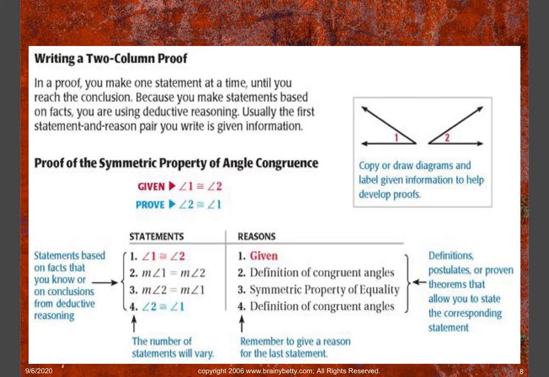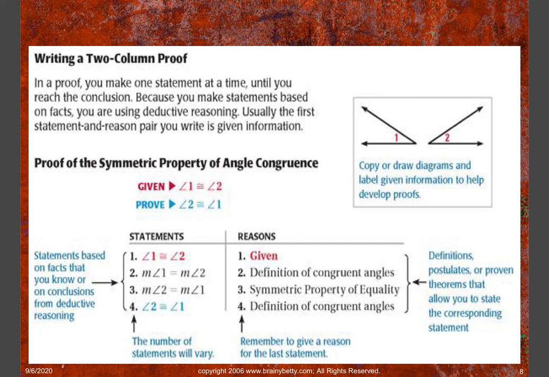All right, this is just some tips, okay? In a proof, you make one statement at a time until you reach the conclusion, because you make statements based on facts. You are using deductive reasoning. Usually the first statement and reason pair you write is given information, but it doesn't have to come from that. This is just an example where you're given that angle 1 equals angle 2, and you're trying to prove angle 2 equals angle 3.